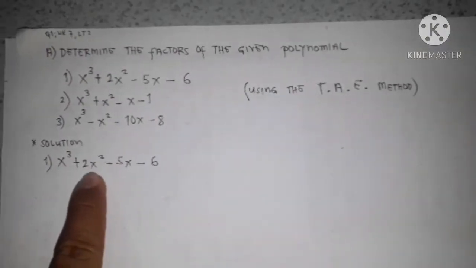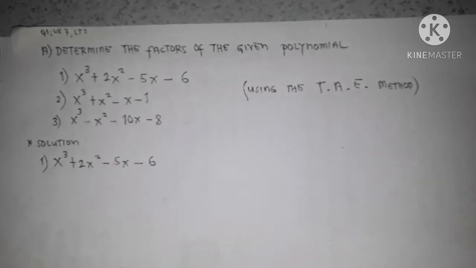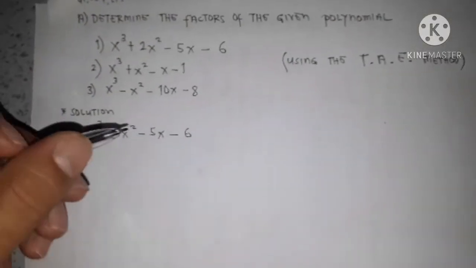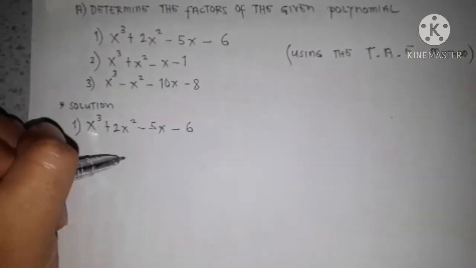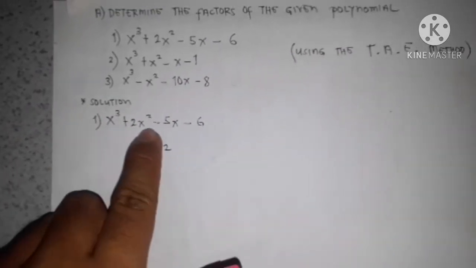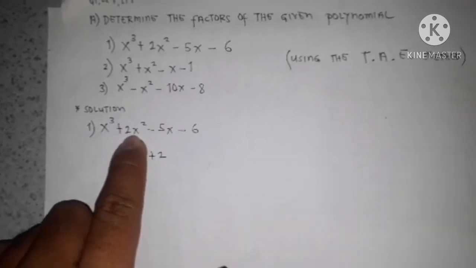Pwede ninyong i-divide ito nung naisip ninyong polynomial either by using the long division method o kaya ay synthetic division. So, say for example, ang naisip ninyong polynomial is x plus 2. Gusto ninyong malaman kung yung bang x plus 2 ay isa sa mga factors nito or isa dun sa 3 factors nito.